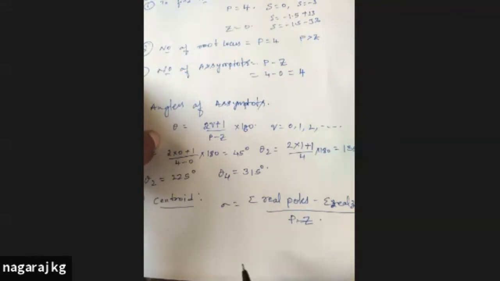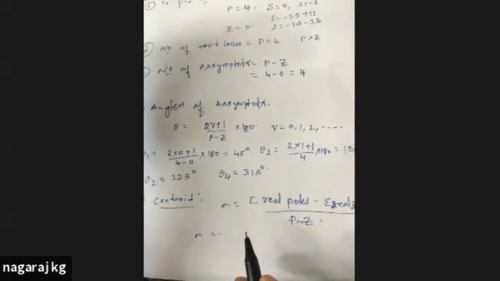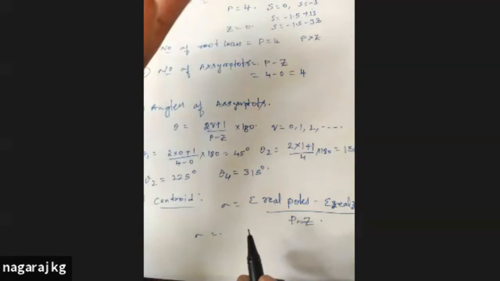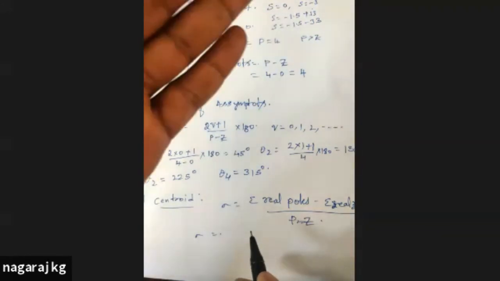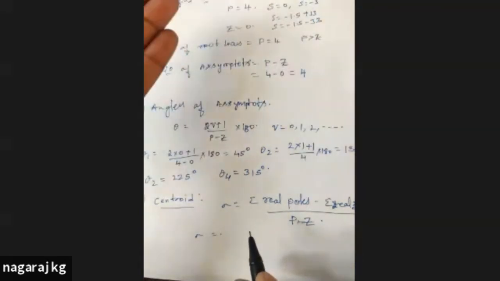Now what does summation of real poles mean? You have the pole locations. One pole is at 0, another pole is at minus 3, and another pole is at s equal to minus 1.5 plus j3. We only take the real part of the complex term while substituting in the summation.